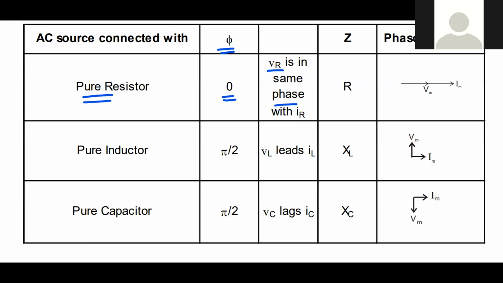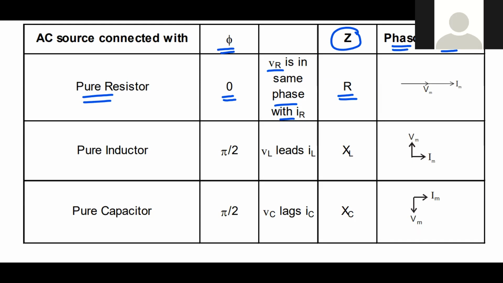Voltage and current are in the same phase. Now, there is something known as this Z. We'll understand this Z in the next class. The resistance is R. Do we understand this?